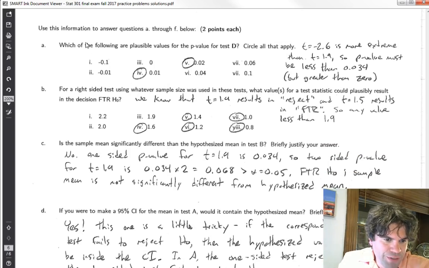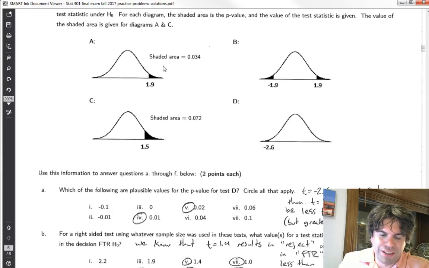Okay, so let's answer these questions. A, which of the following are plausible values for the p-value for test D? Circle all that apply. I've got -1. P-value, it's not going to be negative. So this one's straight out. P-value is only 0 if I shade 0 of the curve. The p-value is never exactly 0.